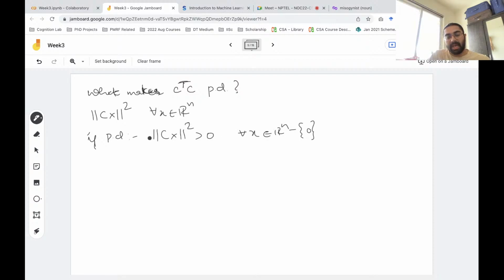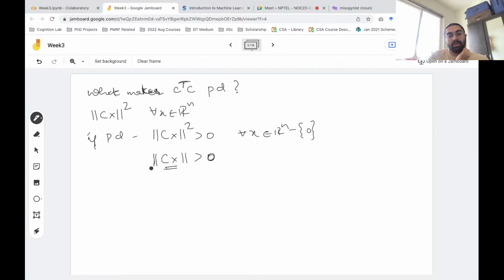So the norm of Cx squared has to be greater than 0. Now the point is, under what conditions will this vector Cx be non-zero? For a norm to be 0, the vector has to be 0, right?